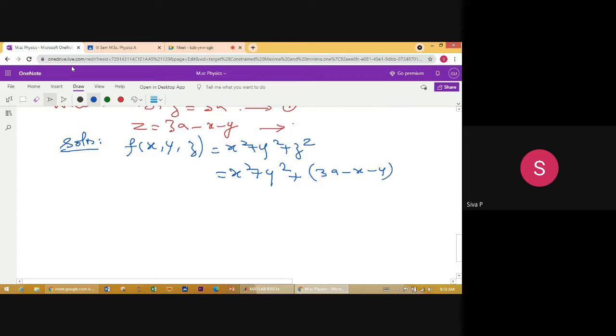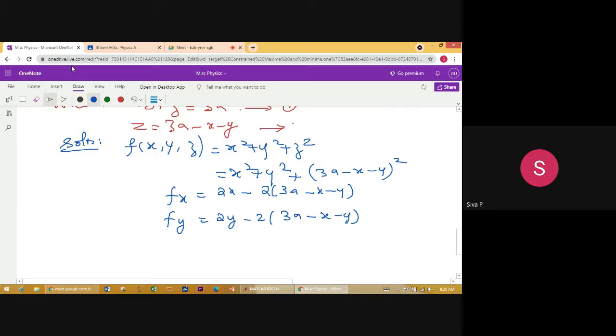Then as usual, what is fx? fx is 2x minus 2 into (3a minus x minus y); I missed the square there. Thank you. fy is 2y minus 2 into (3a minus x minus y).